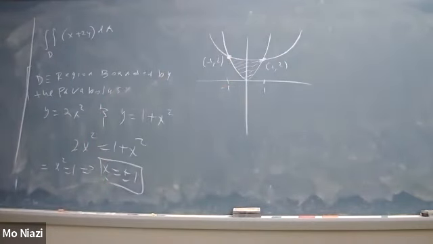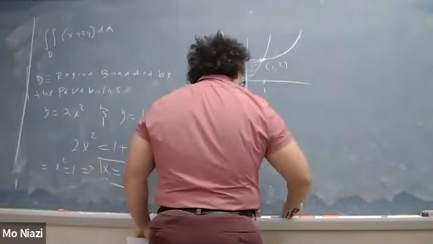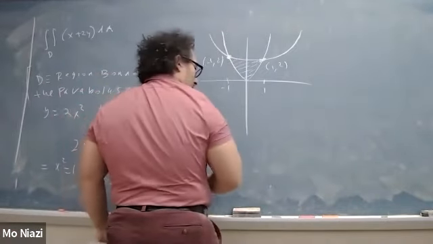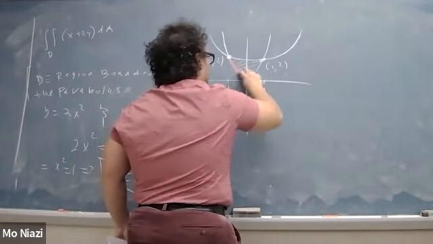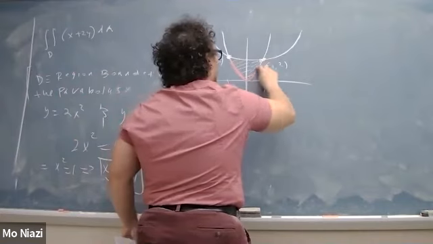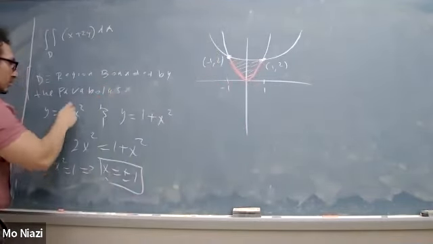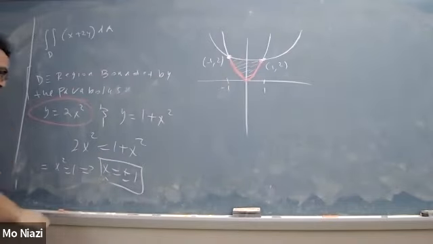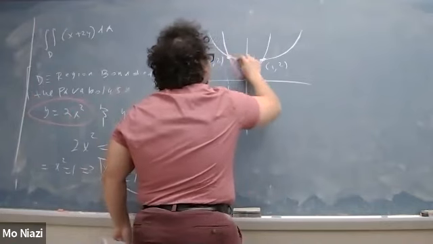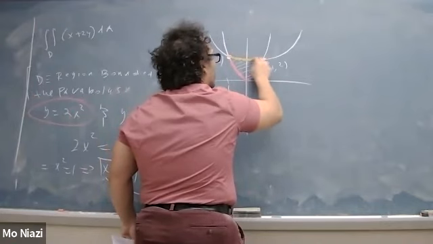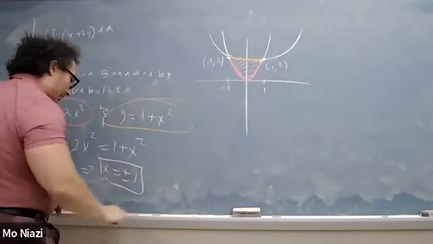So this is indeed a type 1 region where this right here is given by our function over here, and this right here is given by our function over here.